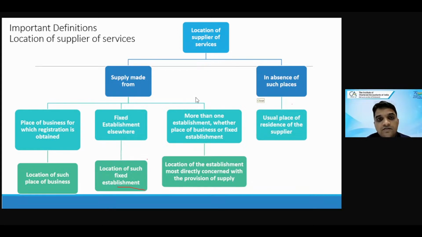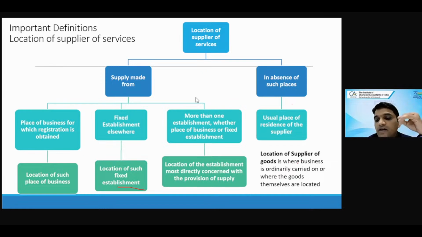Similarly, you have location of supplier of goods. Now we are discussing what the heading says, location of supplier of services. But location of supplier of goods we have not discussed yet, because it is very simple: it is where the business is ordinarily carried on or where the goods themselves are located.